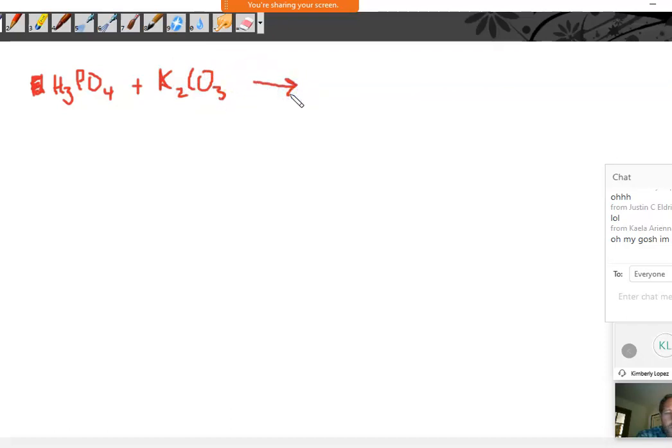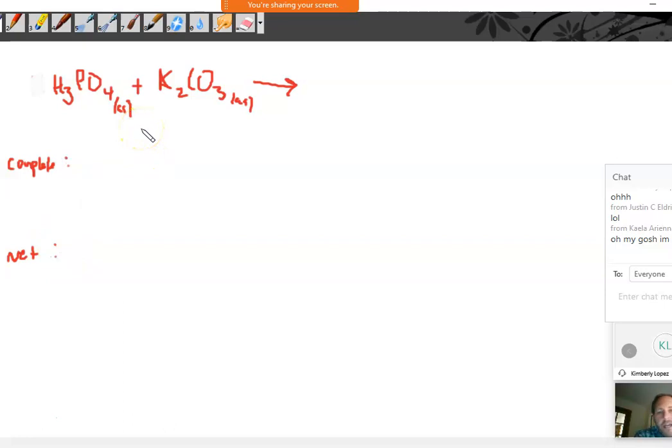All right, show me what the products are. Actually, in this case, what I want you to do, because this is a double replacement reaction, so this is aqueous, and this is aqueous, do a complete ionic equation for everything, and do a net ionic equation. Okay.